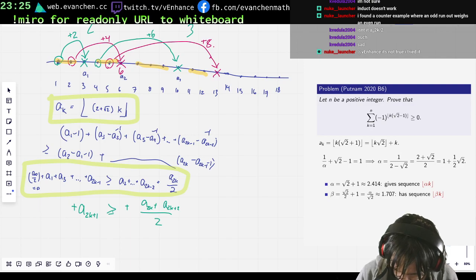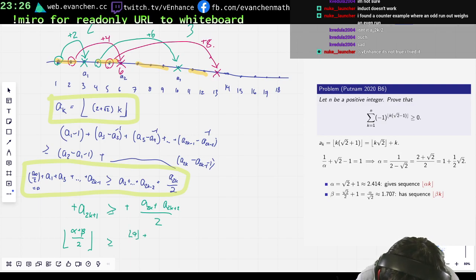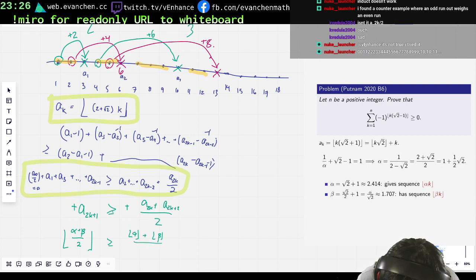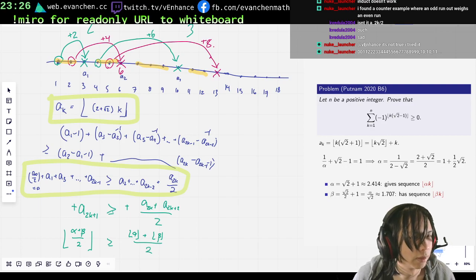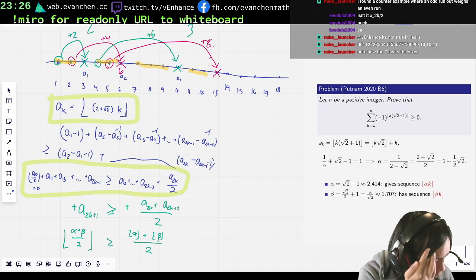Really? Wait, okay. Someone tell me, is it actually true in general that... Is this a true inequality? Okay, never mind.